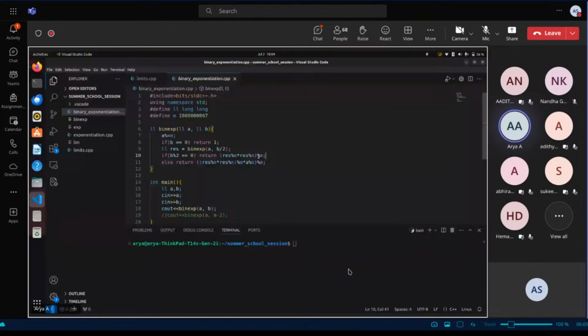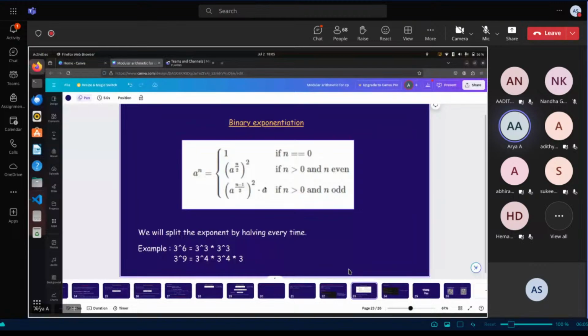Even if you do res into res mod m, if I use the multiplication rule, this is what comes out. Because I don't want any term to go beyond m at any stage. So just for safety, I'm doing this. And if it is odd, I am doing res mod m into res mod m into a mod m whole mod m. As you already know, if it is an odd number, I need to return a into a power n minus 1 by 2 into a power n minus 1 by 2.